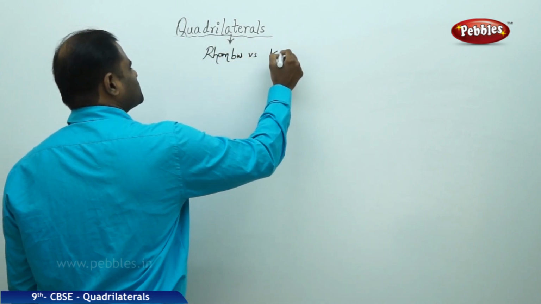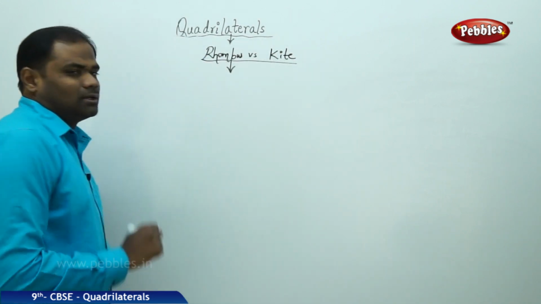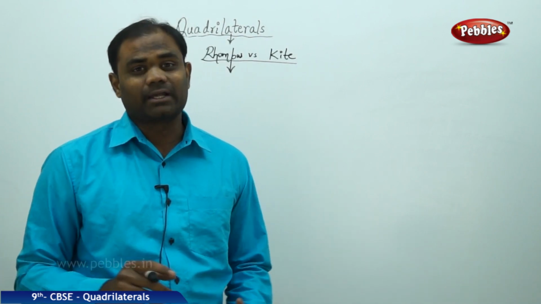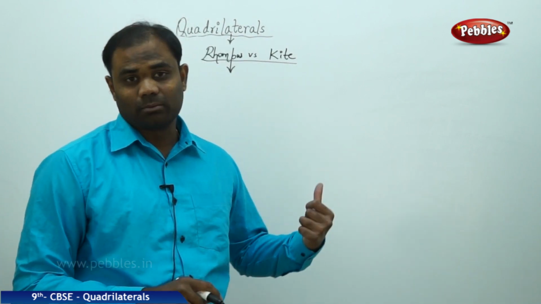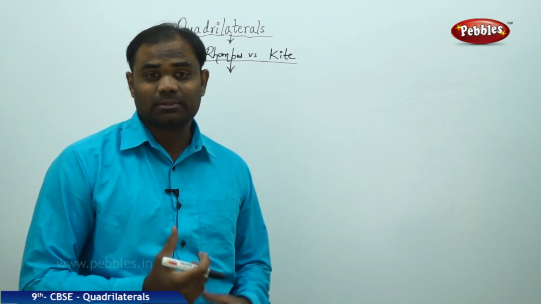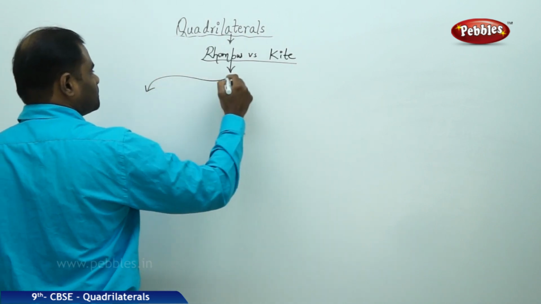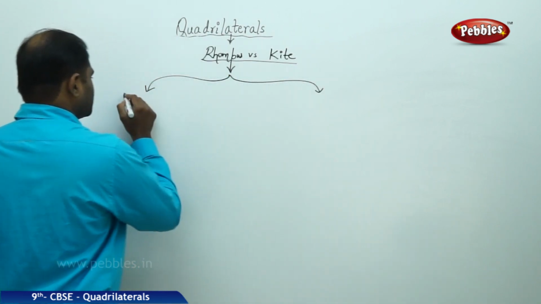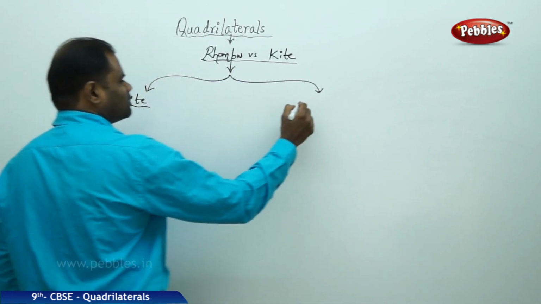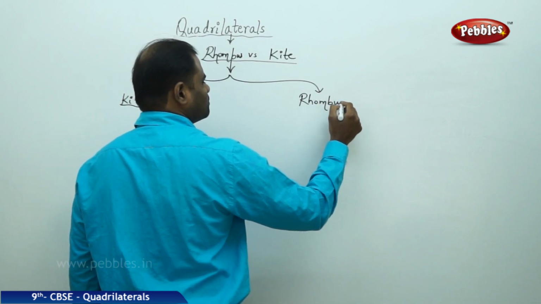Now that we have discussed the definitions of rhombus and kite, let's see the detailed properties and connect through the common and uncommon properties. I take the case of a kite and the case of a rhombus.